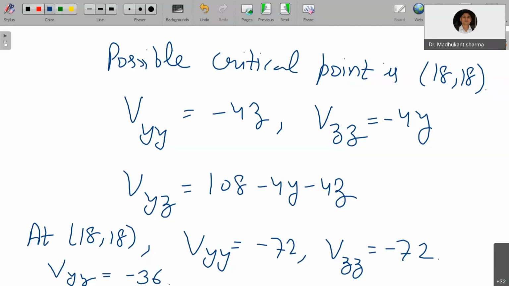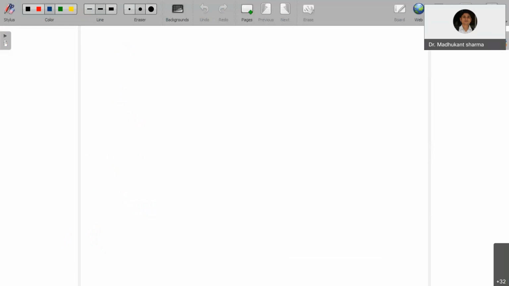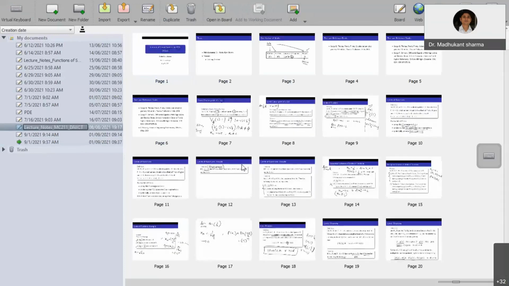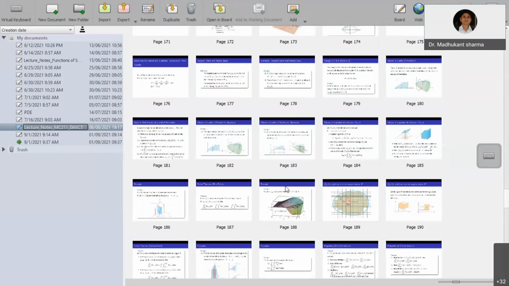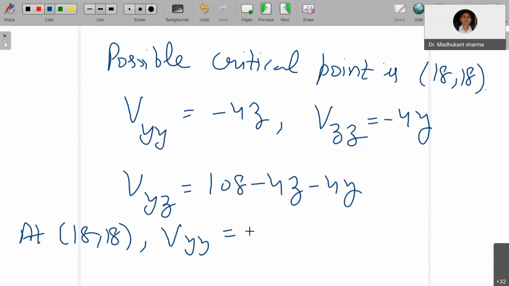So at 18 comma 18, the values are vyy is minus 72, vzz is minus 72, and vyz is minus 36.